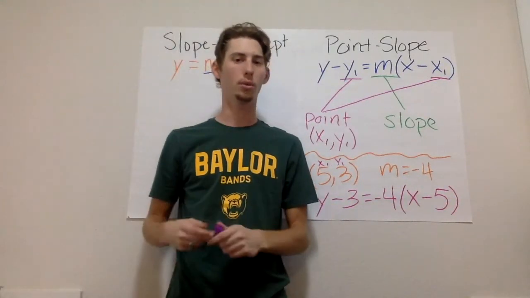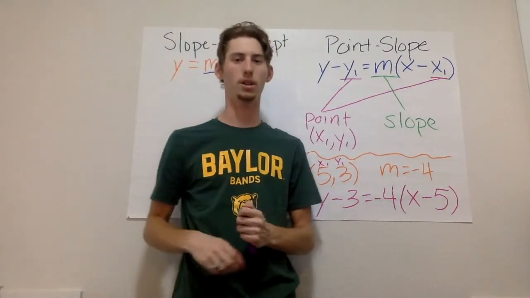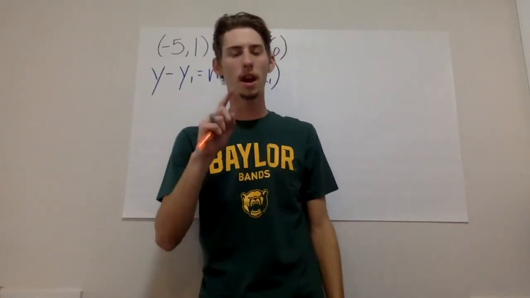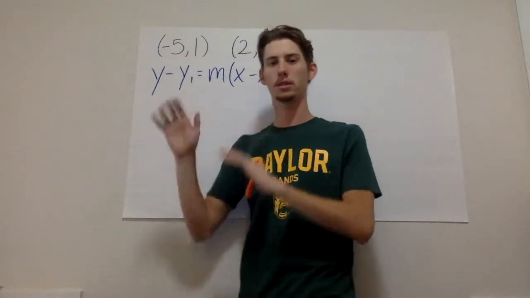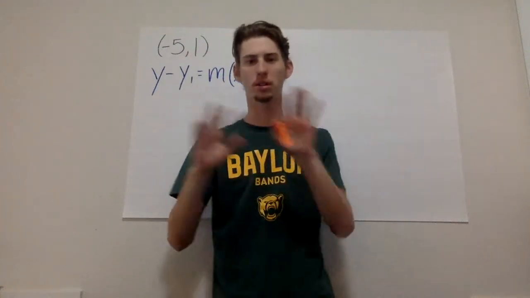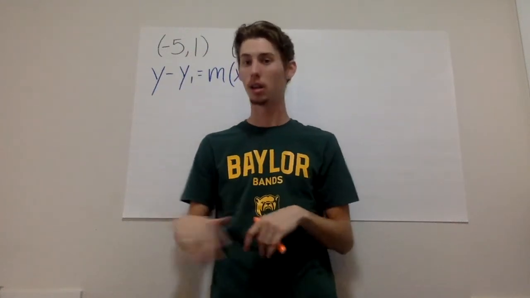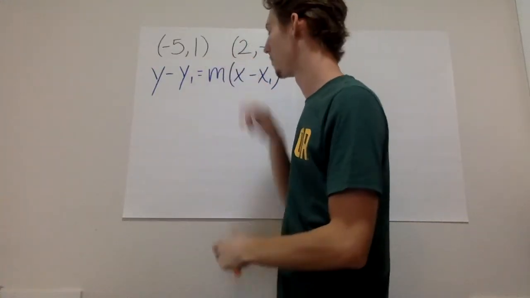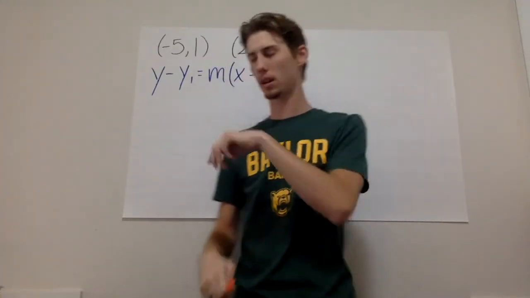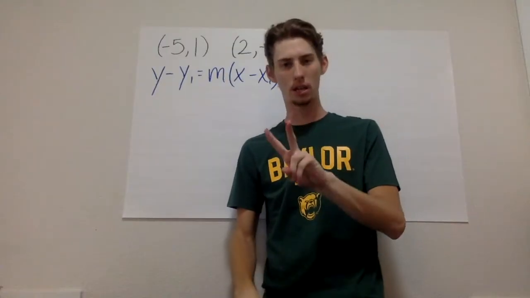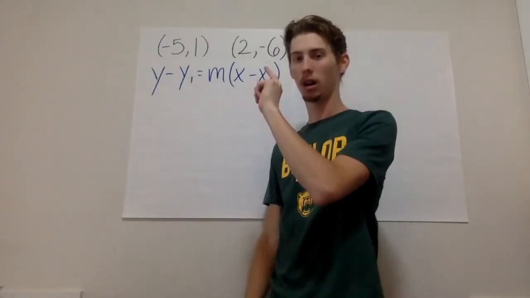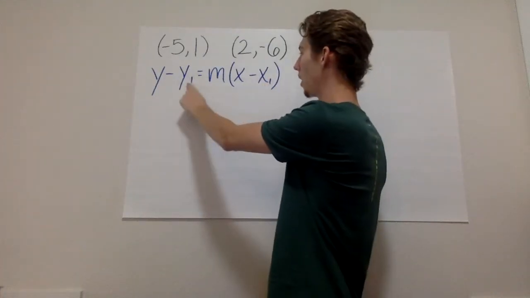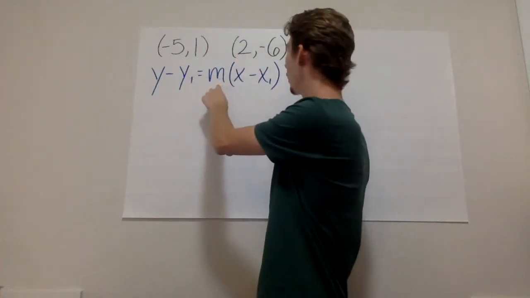Let me show you another way that we can come to an equation like this. Now let's look at an example when we're given 2 points. Instead of being given a point and a slope right off the bat to just plug in, we're going to have 2 points here. Just like I said a second ago, the two things we need in order to write a linear equation in this form are a point to fill in for x1 and y1 and a slope to fill in for m.